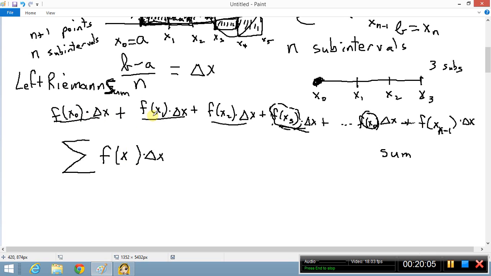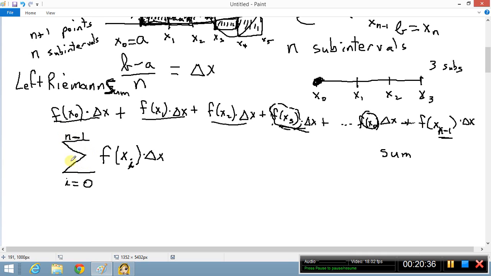Here it's 0, here it's 1, here it's 2. It goes all the way up to the last one, which is n minus 1. So what we use is a different letter to stand for all of those subscripts. So I'll use the letter I. So x sub I. Now what can you say about I? We say that I starts at 0 in this case and goes all the way up to n minus 1.